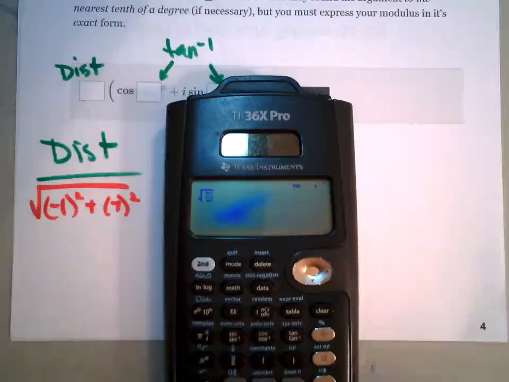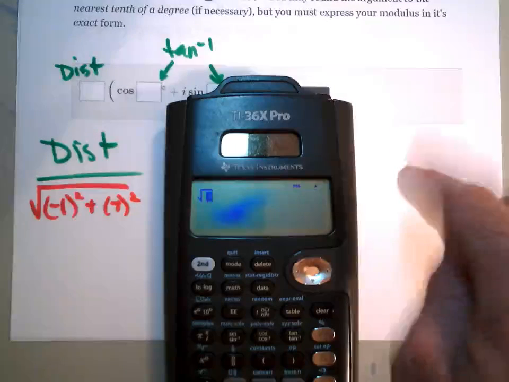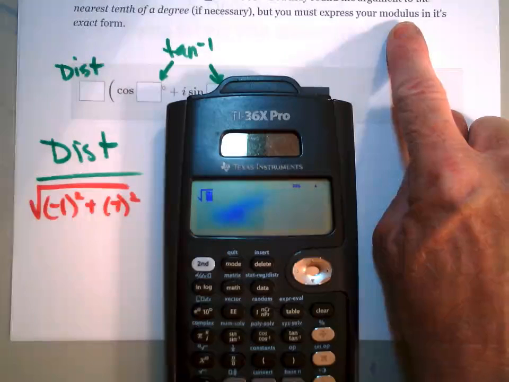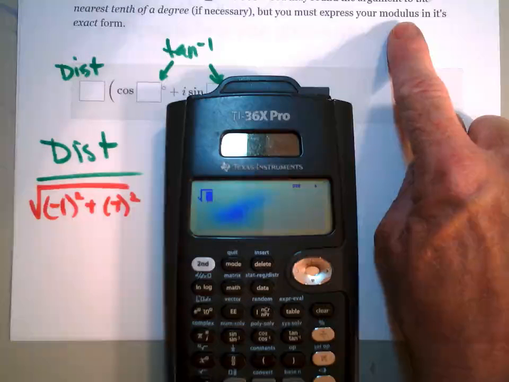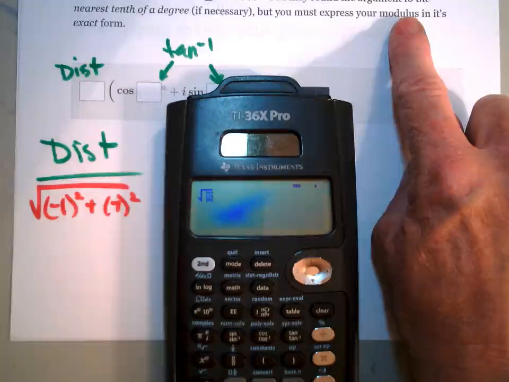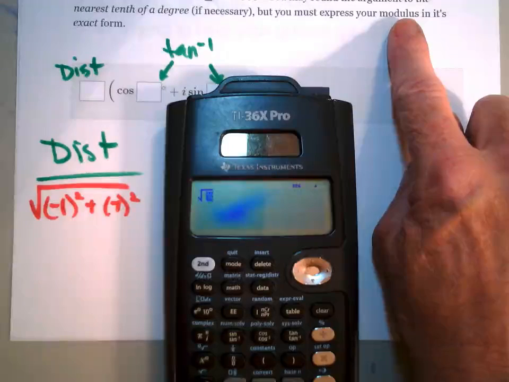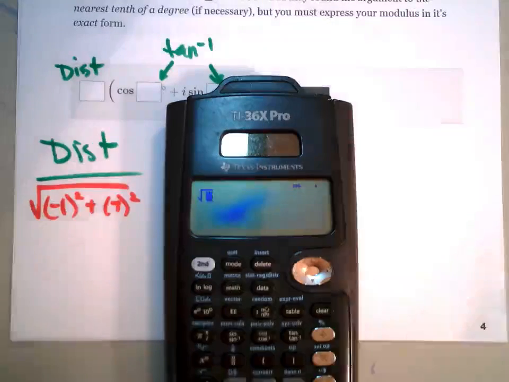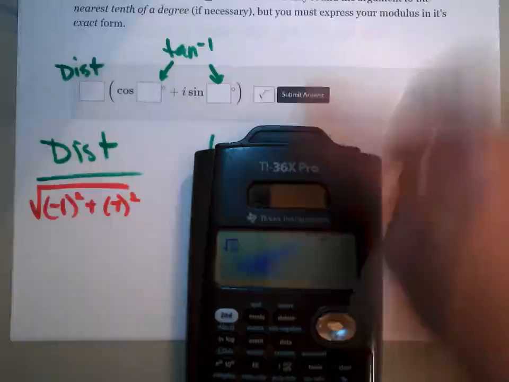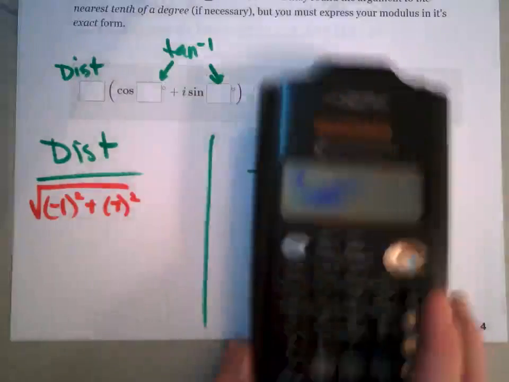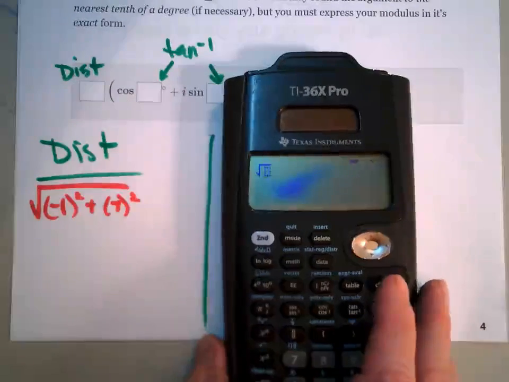And we want our modulus right here in exact form. So if this comes out to be a decimal, we're just going to leave it as a radical. So the modulus, otherwise known as the distance, is going to be a radical. And you see the radical symbol right here. It sets up everything you need.